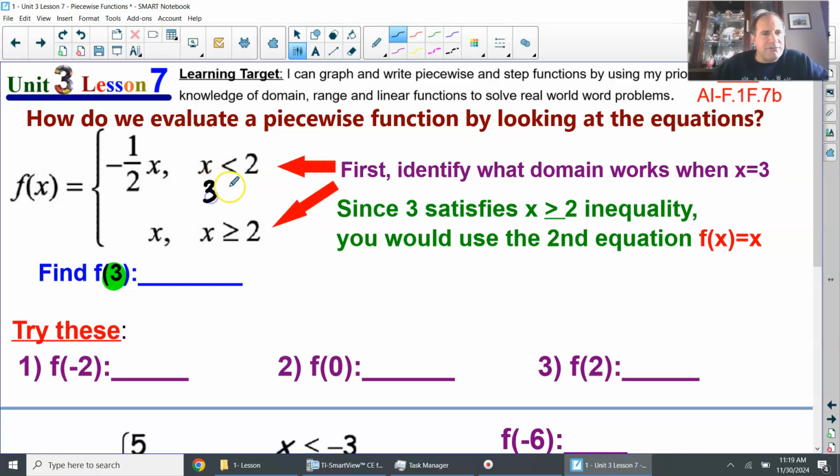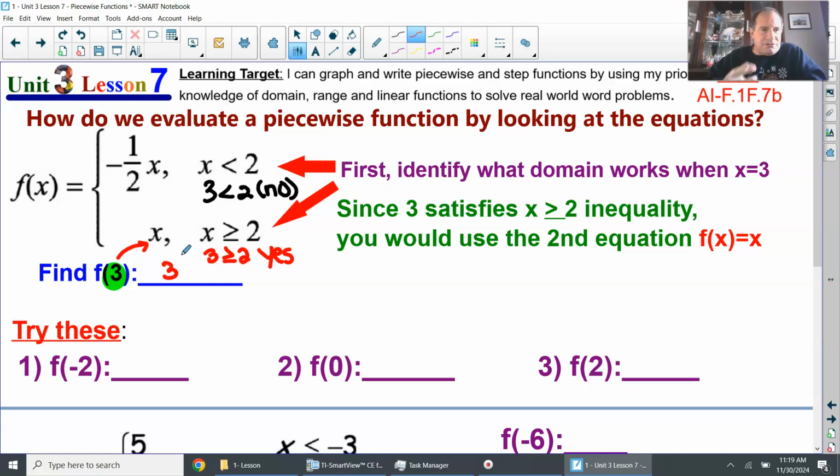So if we say 3 is less than 2, no, that is not correct. So that means this one, you can't substitute that 3 in. It doesn't work. But 3 is greater than or equal to 2, and that's a yes. So we substitute this 3 into here, and we get 3 in return, because it's just f of x equals x.